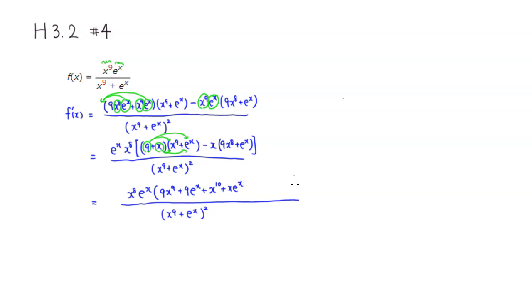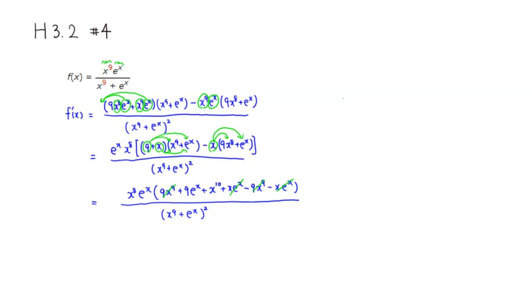Then we're going to subtract. If you distribute x to 9x to the 8th, that would be 9x to the 9th power. And then we're going to distribute negative x to e to the x, which would be negative x e to the x. So we can cancel: there's a 9x to the 9th minus 9x to the 9th, and x e to the x minus x e to the x.